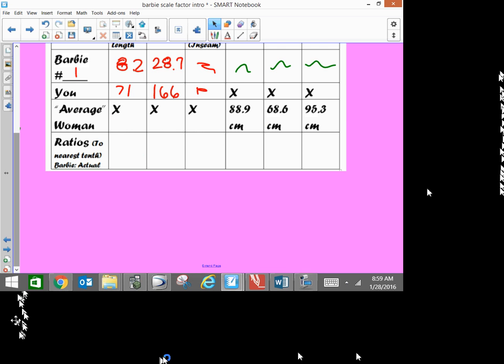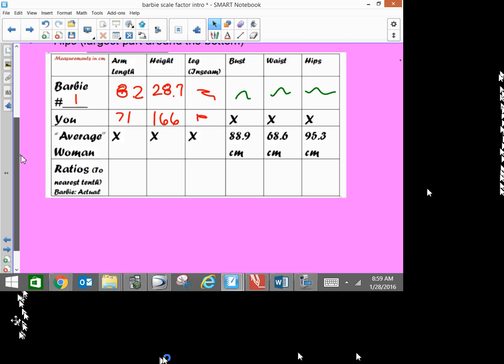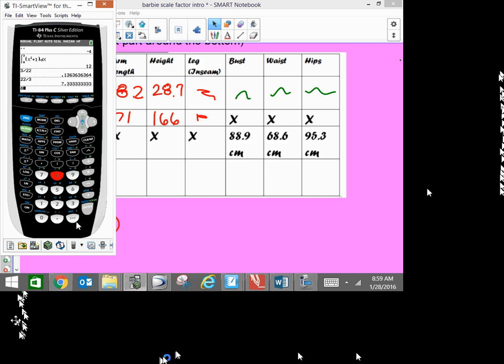You're going to get your calculator out, and it says find a ratio to the nearest tenth, Barbie versus actual, meaning you, or in this case, the average. So we take 8.2 and divide it by 71.